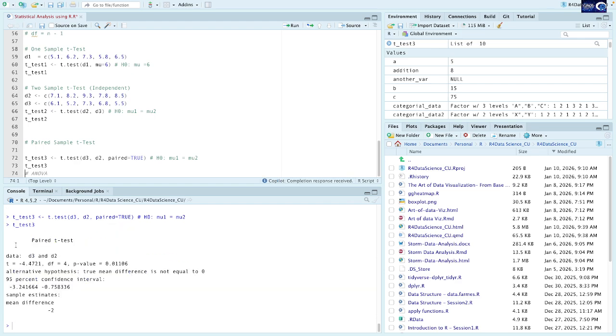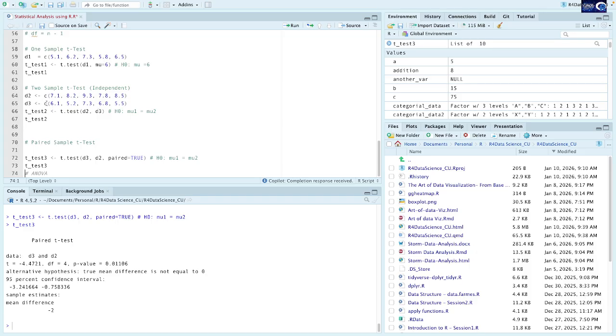Sorry. So here, it is actually checking the paired one. It is checking something before and after. For example, some parameter before and after.